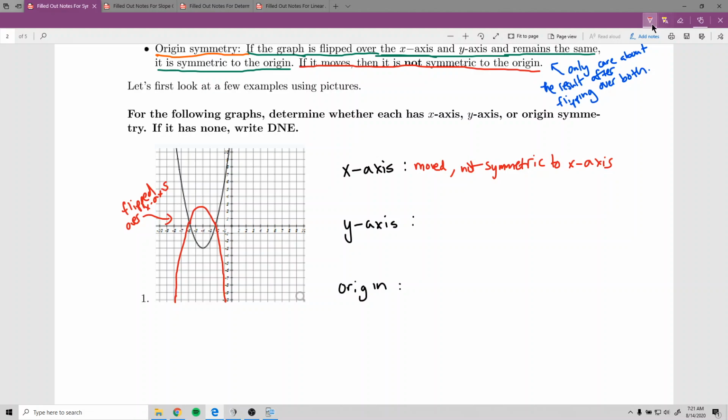Another way to think about symmetry is if half is on one side of the x-axis and the other half is on the other, and they're the same way. Now for the y-axis symmetry, this is the y-axis right here. If we flip this over, we have this U shape. It's going to stay a U shape, but it's going to be on the right side.